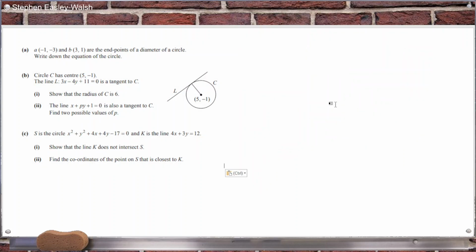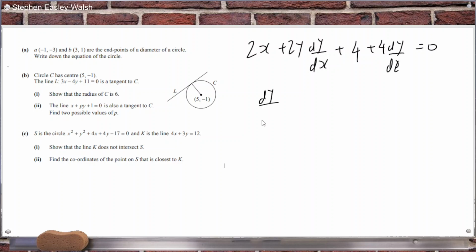Okay, so that is tangent time. 2x plus 2y dy/dx plus 4 plus 4 dy/dx equals 0. So dy/dx equals minus 2x minus 4 over 2y plus 4, and that equals 3/4. But I still need to sub it into the circle. Maybe it'll be a nicer equation though.